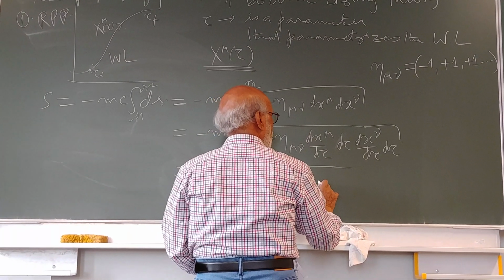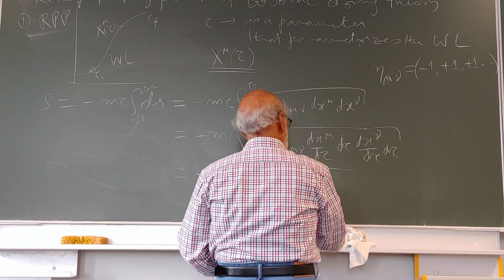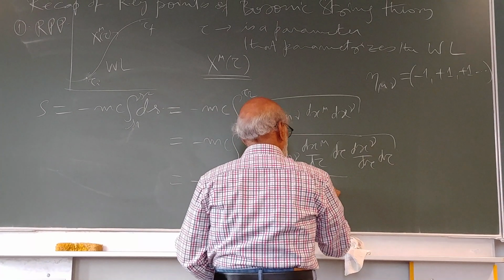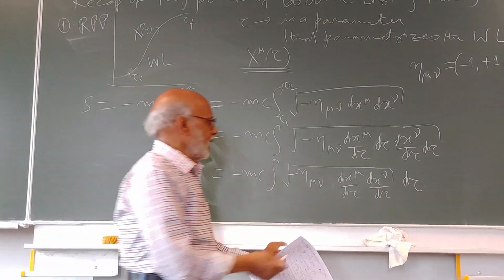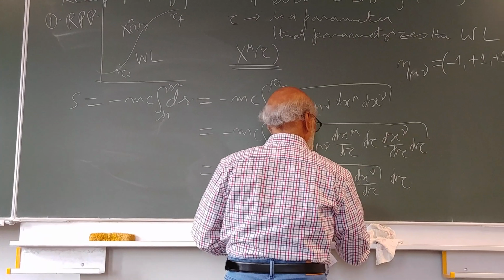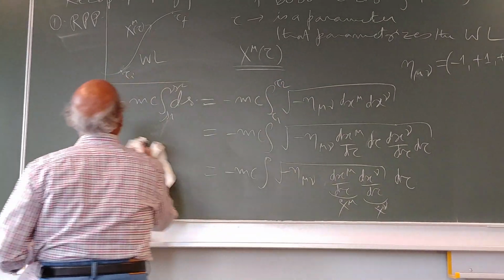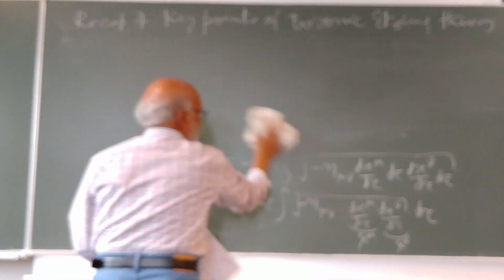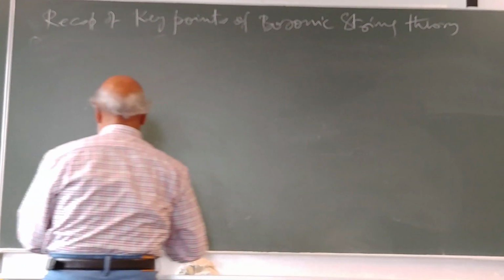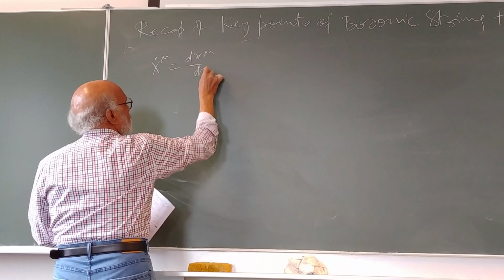We could introduce the notation x mu dot is dx mu over d tau.